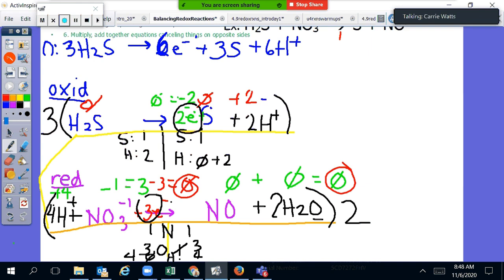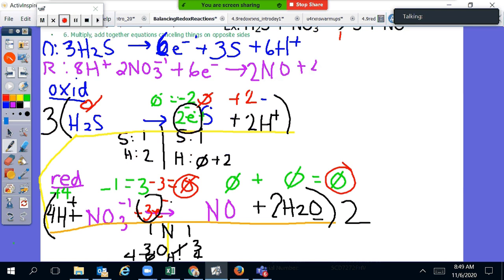Okay, now for the reduction. Okay, we're going to multiply by 2 for everything. So we've got 8 hydrogen plus 2 NO3 plus 6 electrons yields 2 NO plus 4H2O.